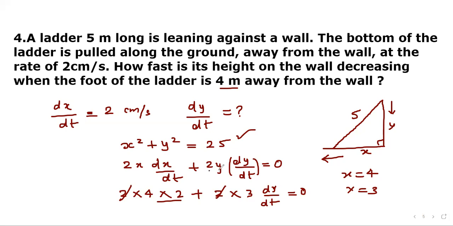Sorry, so one minute. Let me verify. 2, and then x is given as 4, and then dx upon dt is given as 2. And when we divide it by 2, 2 will cancel out. So we write dy by dt equal to minus 8 divided by 3, and the unit will be cm per second.